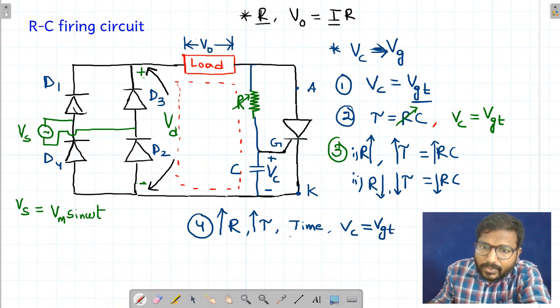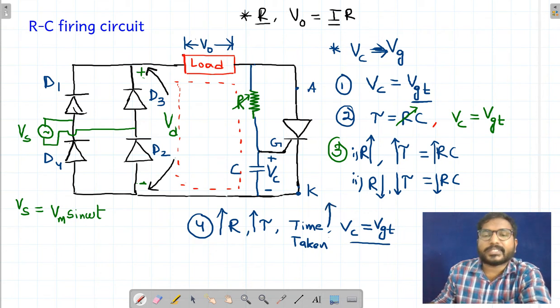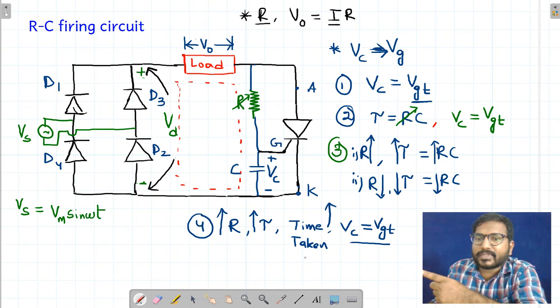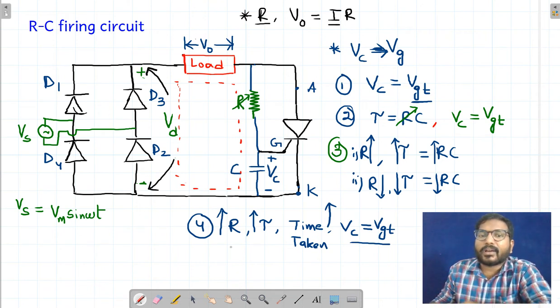The time taken is more. At a longer time, it can match Vc equal to Vgt, when the charging time is more.